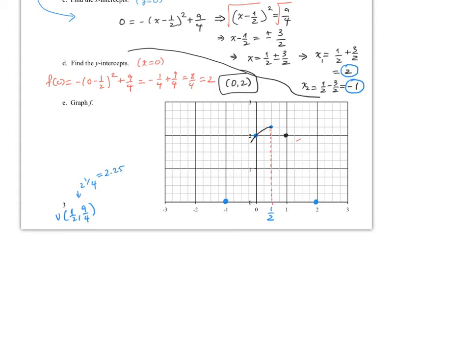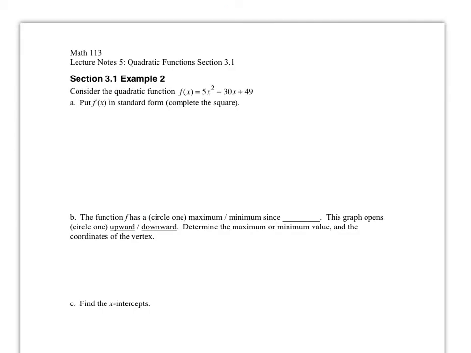Then the graph will look like this, where you can clearly see that this is the relative maximum. All right, well, if you didn't get the first example and the second one, you have one more chance. So let's try this one more time.